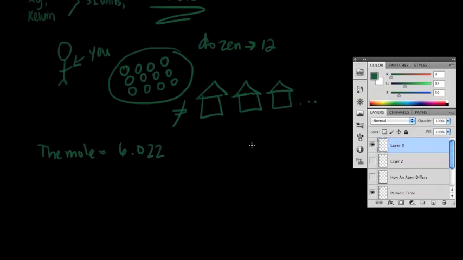6.022. There are many more digits of the mole calculated to a much higher precision, but this is generally what we'll use. You can always look up more significant figures if you need them for your equations, but the mole is equal to 6.022 times 10 to the 23, otherwise known as Avogadro's number.